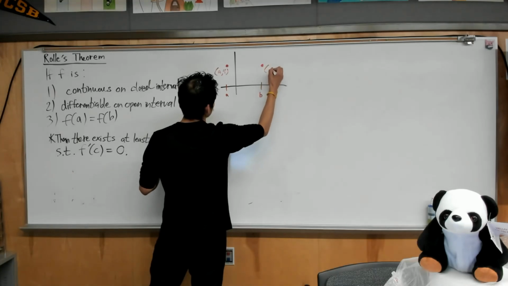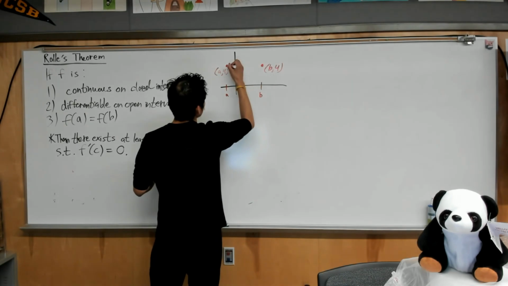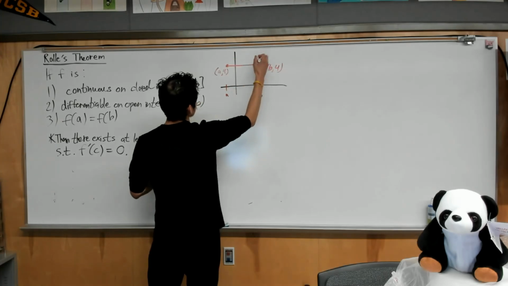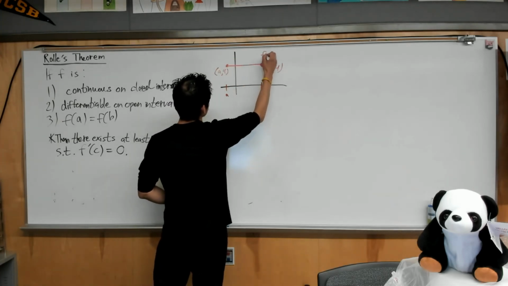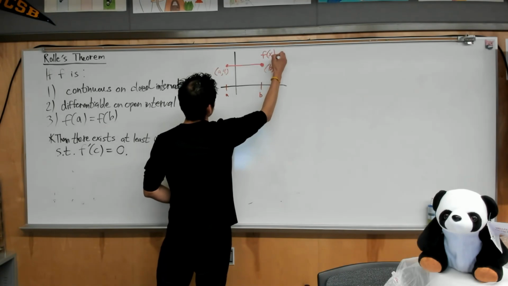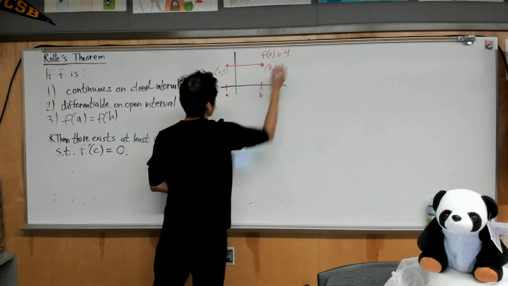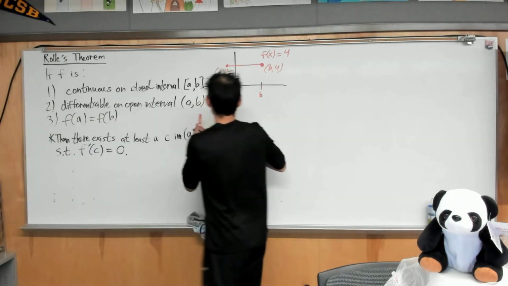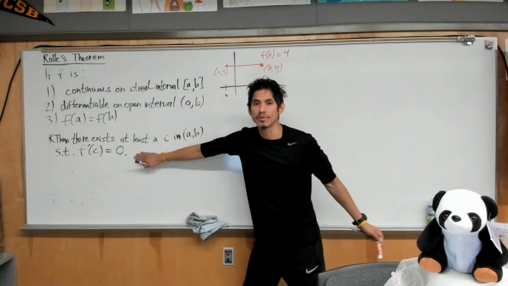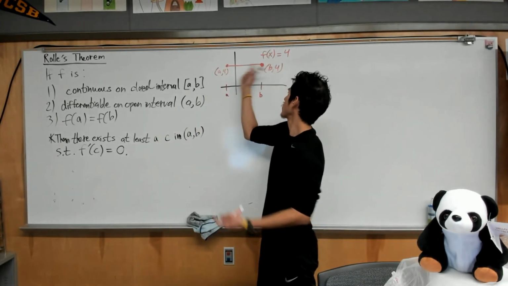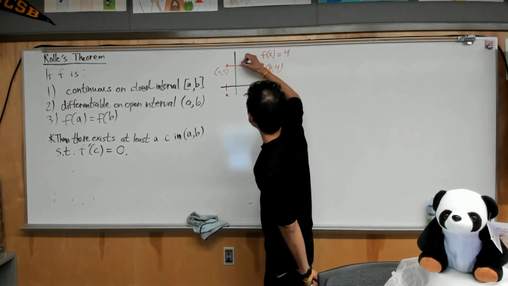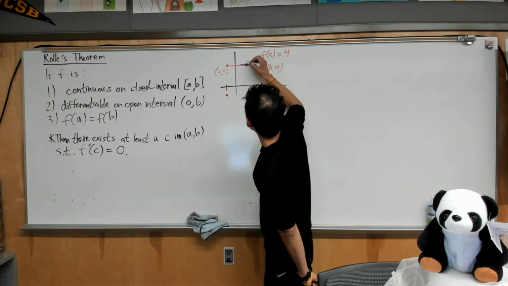They have to be equal to each other, so they're both 4, and this is just a horizontal line. So this function is essentially f of x equals 4. Now, does Rolle's theorem work? Yeah, because you're just looking for a horizontal tangent line anywhere between A and B. If you just pick a point here and draw a tangent line, there you go.